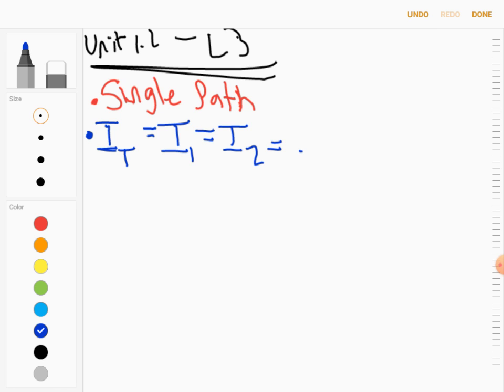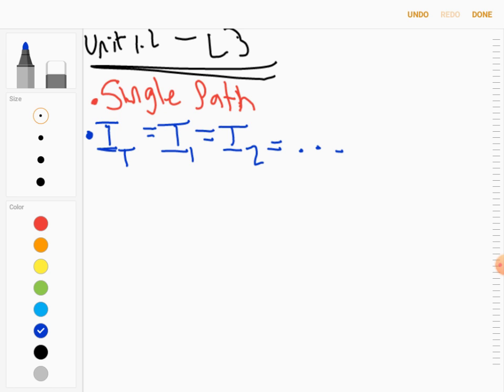You might see something that looks like this with 3 dots. Those 3 dots mean that it could go up to any number. There could be even like 100, but it's just saying that all of these are going to be equal to each other. You might also see I with the N subscript. That means the same thing.